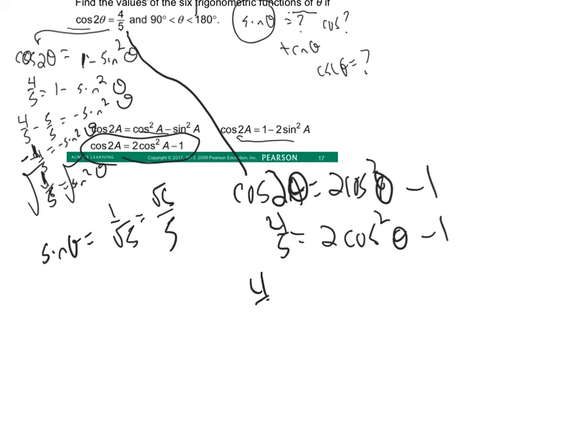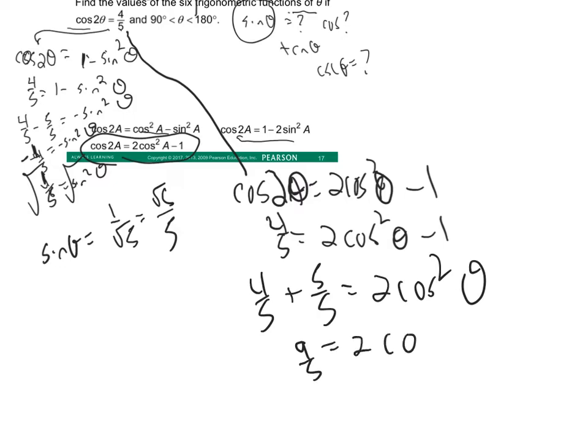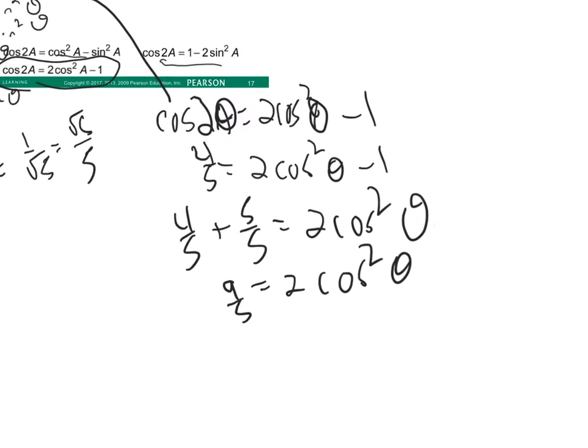That turns into 4/5 plus 1 equals 2 cosine squared theta. That becomes 9/5 equals 2 cosine squared theta.